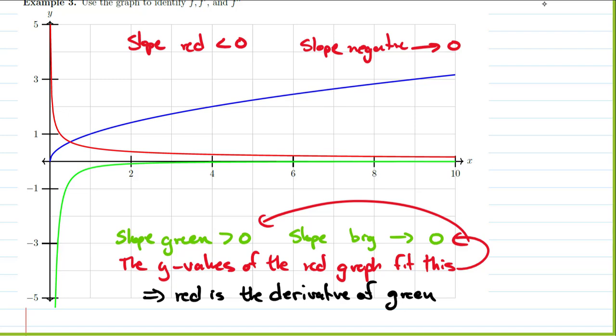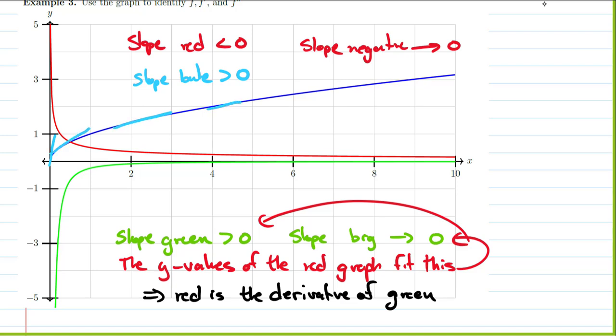So if we look at blue, what do we have? What's our slope for blue? Blue always has a positive slope. And what do we know about its slope? It's always positive. And is our slope increasing or decreasing? Well, when we look right here, the graph is going up. It's really steep.